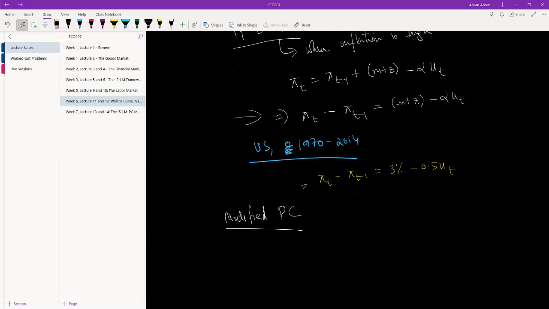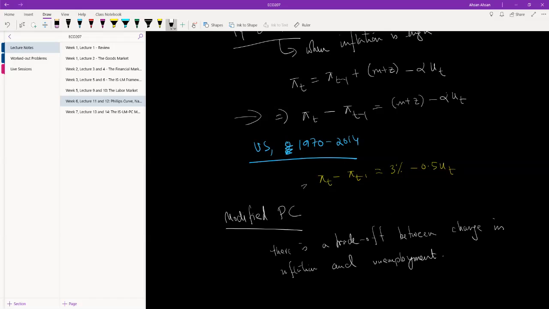What the modified Phillips curve tells us is that there is a trade-off between change in inflation and unemployment.